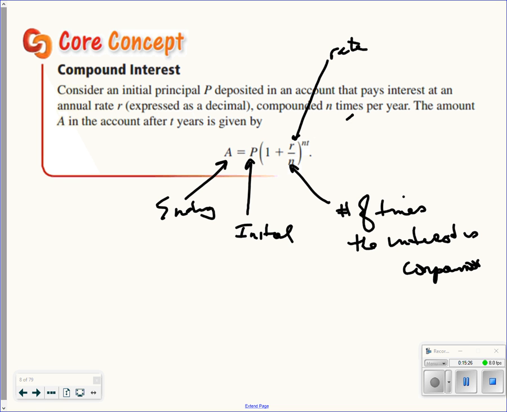And so this is N times T, the number of times it is compounded by the time. So if you compound it 4 times a year, or quarterly, for 4 years, that would be 16.